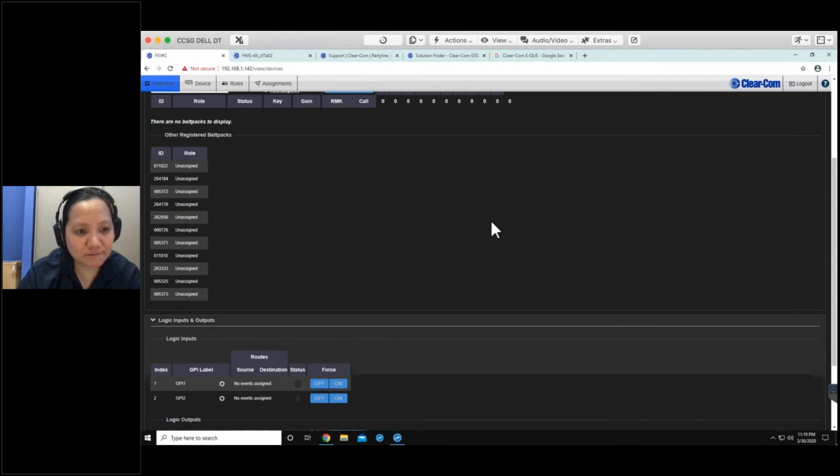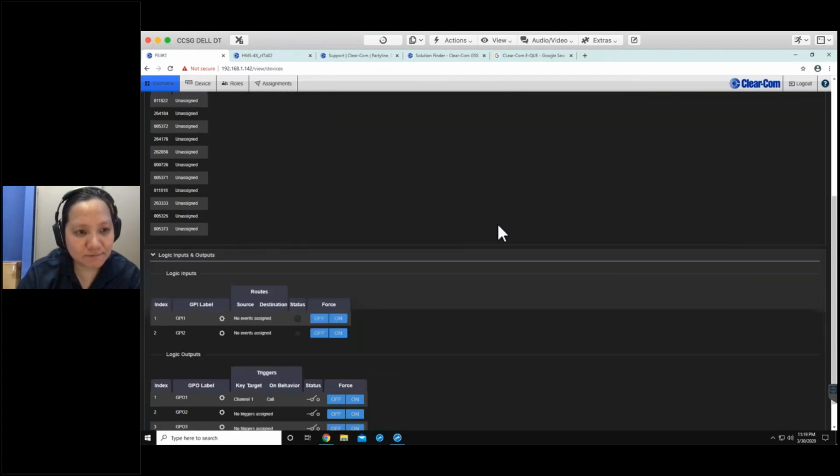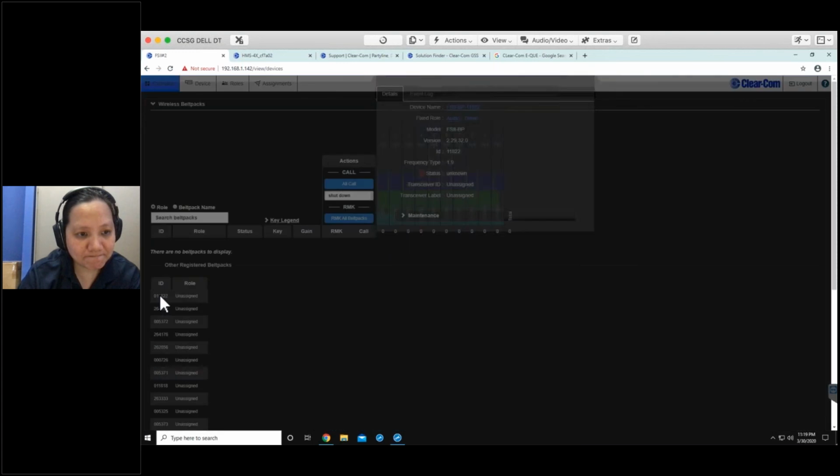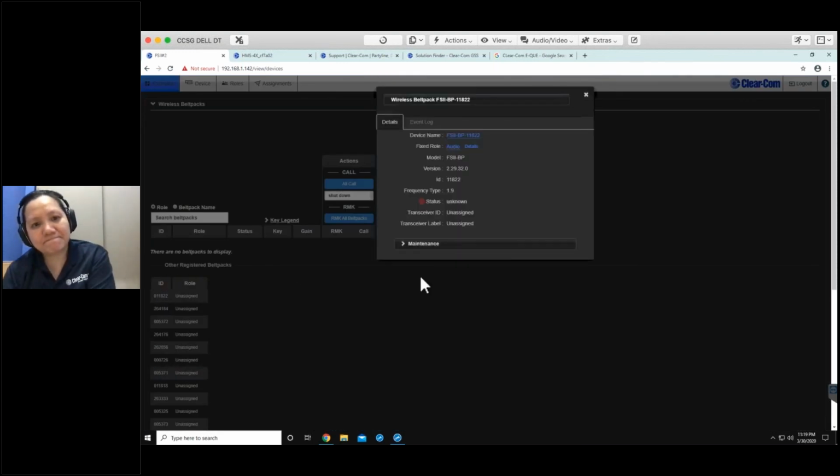Yeah, if you go over to the overview screen and on those IDs there, just click on one of those IDs. Now you see that that's the belt pack that it was originally, that was already programmed in. This particular belt pack has a fixed roll of audio.